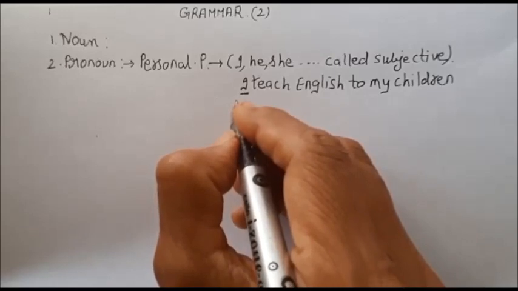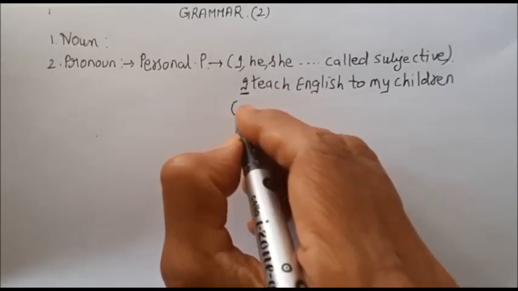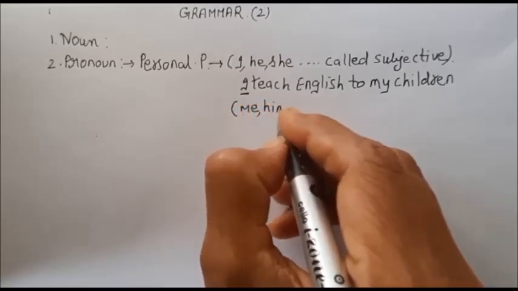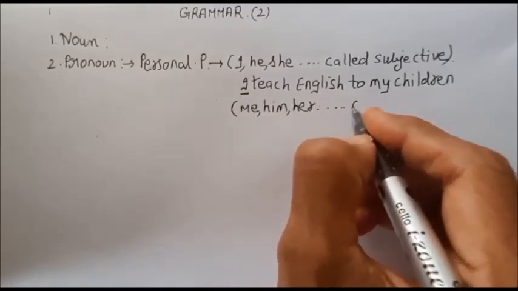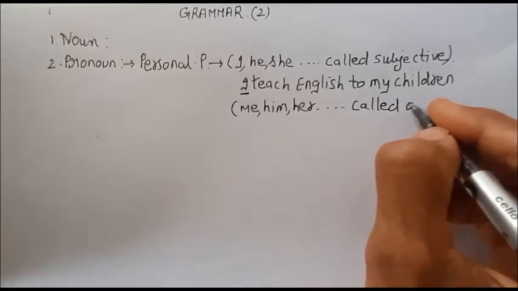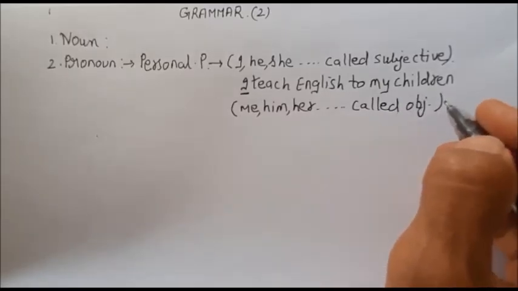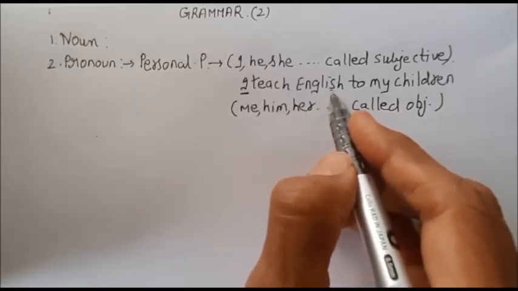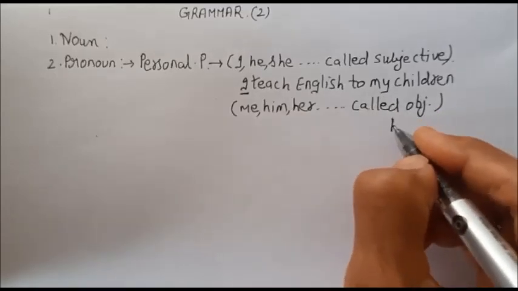And the other part is objective personal pronoun, that is me, him, her, which are called objective pronoun, or you can call it objective personal pronoun. For example, the same, like English is taught to my children by me.